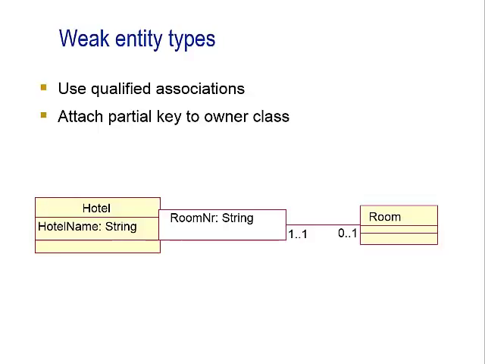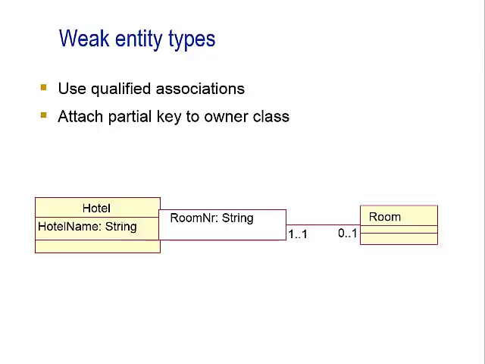Well, here we can perfectly model weak entity types using the idea of a qualified association. Remember the example we discussed earlier. Room was a weak entity type which was existence dependent on hotel. Here we are going to add room number, which was the partial key, as a qualifier next to the hotel class.